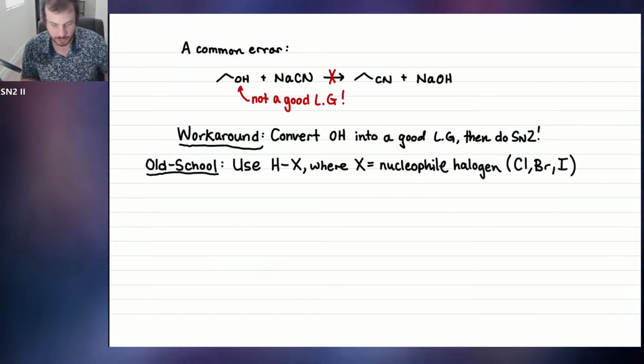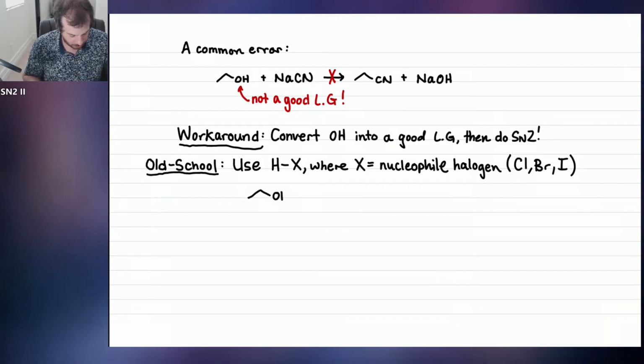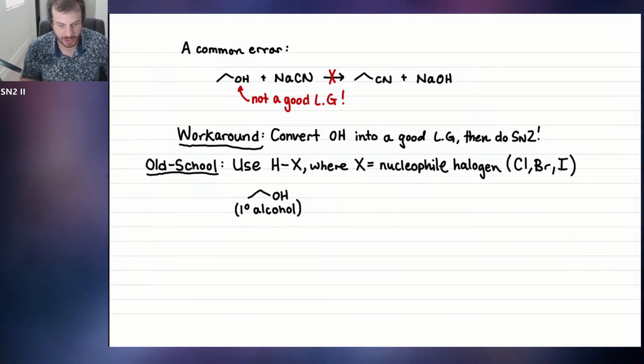It doesn't work very well with fluorine, so just those 3 halogens. And let me show you how it works. It only works, for now we'll see, with primary alcohols. Remember that a primary alcohol is an alcohol that has only 1 beta carbon, so only 1 carbon attached to the carbon that the alcohol is attached to.